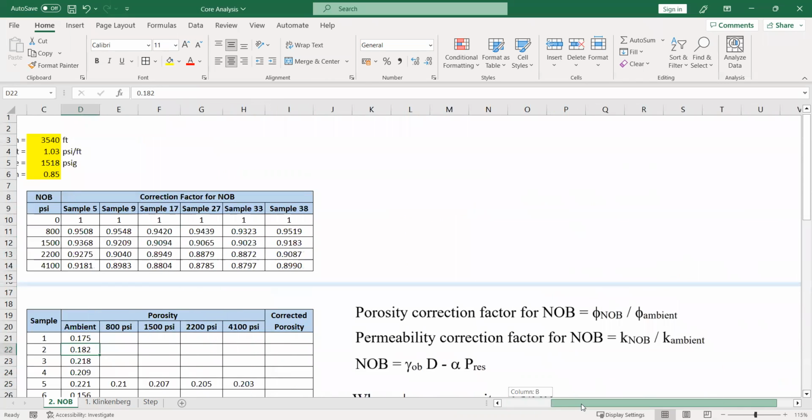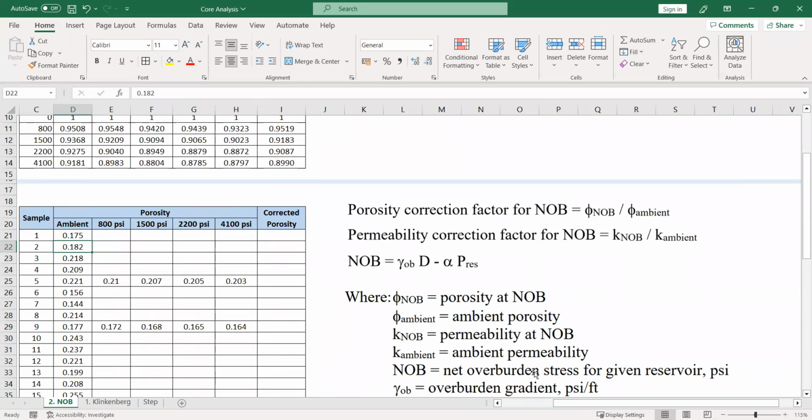And these are some formulas that can be used, very important. Porosity correction factor for net overburden is the porosity measured under overburden stress divided by the porosity measured under ambient condition.